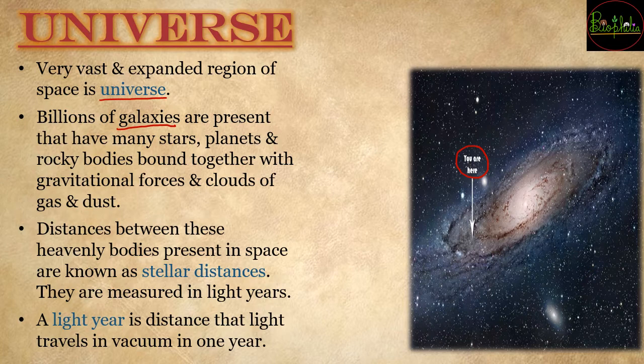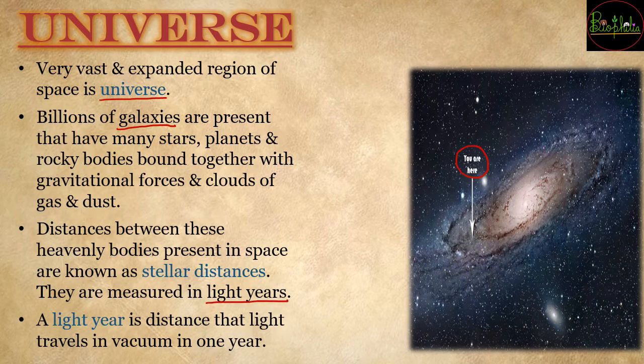So the distance between these kinds of large areas, that is heavenly bodies जैसे earth, or say the nearest planet to earth, that is on one side Mars or on one side Venus, even to calculate the distance between them, it is not like 1 kilometer, 2 kilometers, it is calculated in light years.